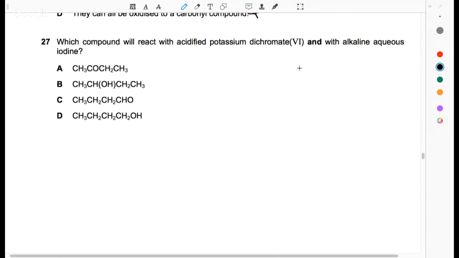Compound, yeah. Okay, I'm just looking for it. I say if it goes to carboxylic acid. Nope, it's a ketone.